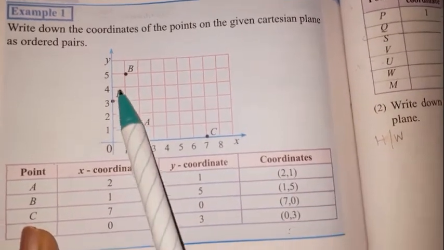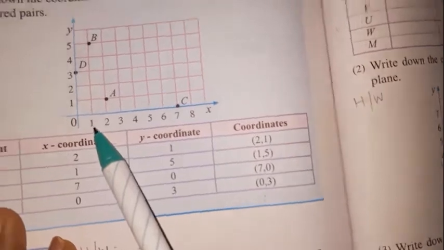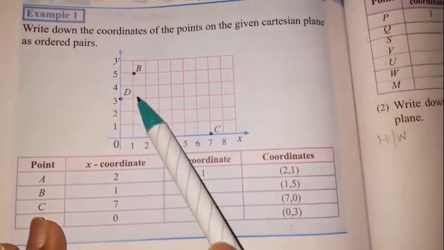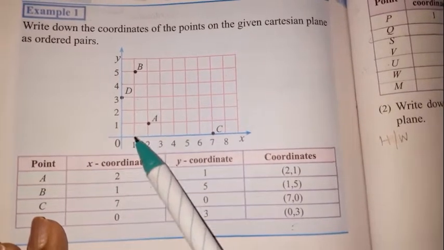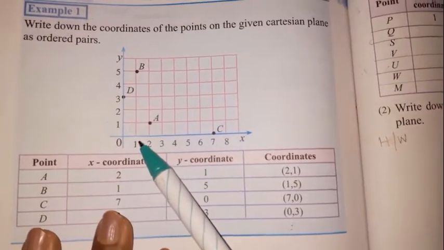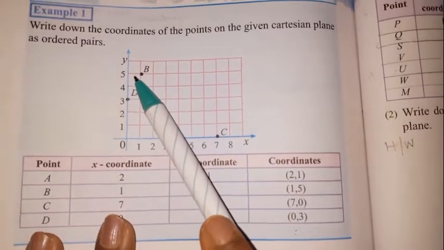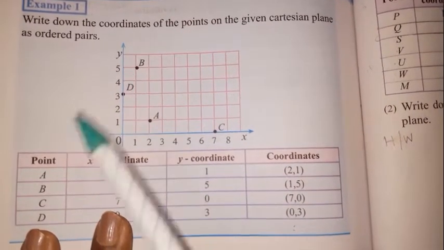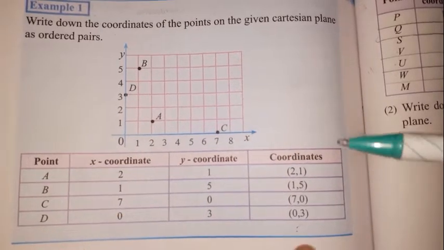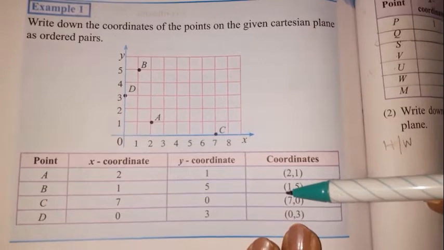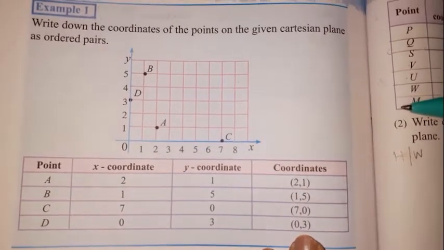B. Please observe B. This is the x-axis, x coordinate of B. What is the value you get? 1. Y coordinate 5. How do you write 1, 5 within brackets?